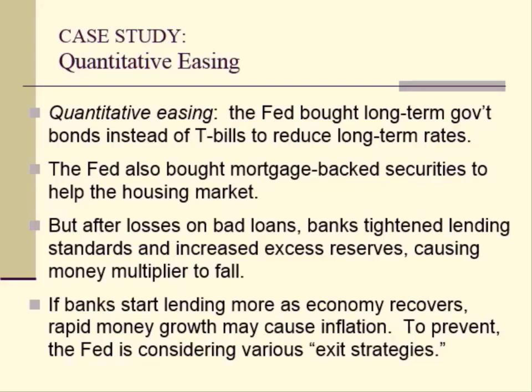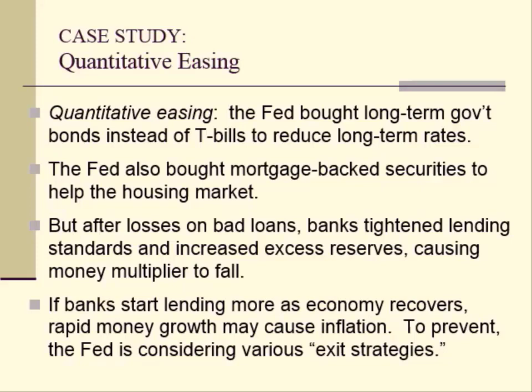So within our modeling framework, when the reserve deposit ratio increases, it reduces the money multiplier, therefore reduces money supply. However, if banks start lending more as the economy recovers, rapid money growth may cause inflation.